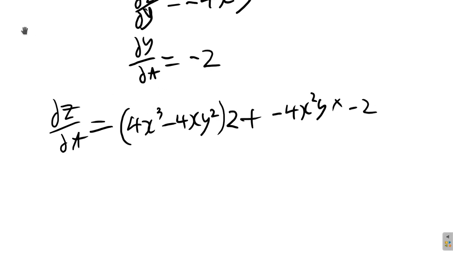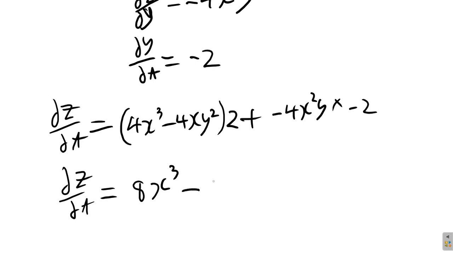So, just putting it together now, the partial of z with respect to t is 2 fours 8 x cubed minus 2 fours 8 x y squared, negative and negative, the minus gives you a positive, so this is plus 2 fours 8 x squared y.